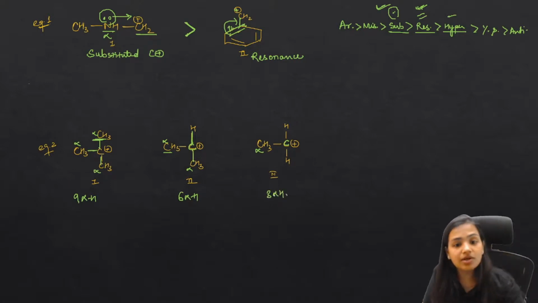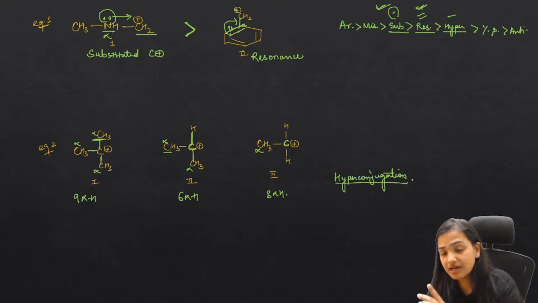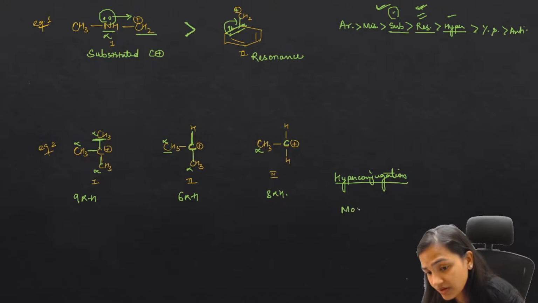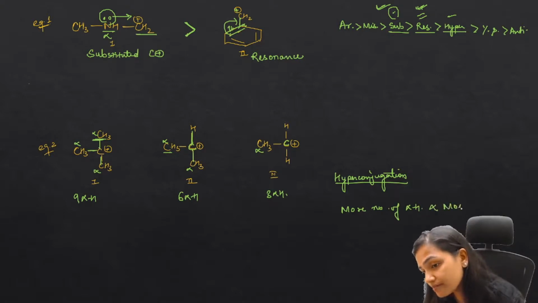So all the carbocations are getting stabilized by hyperconjugation. And guys, in hyperconjugation, the more alpha hydrogens, the more hyperconjugating structures, and therefore the more stability.